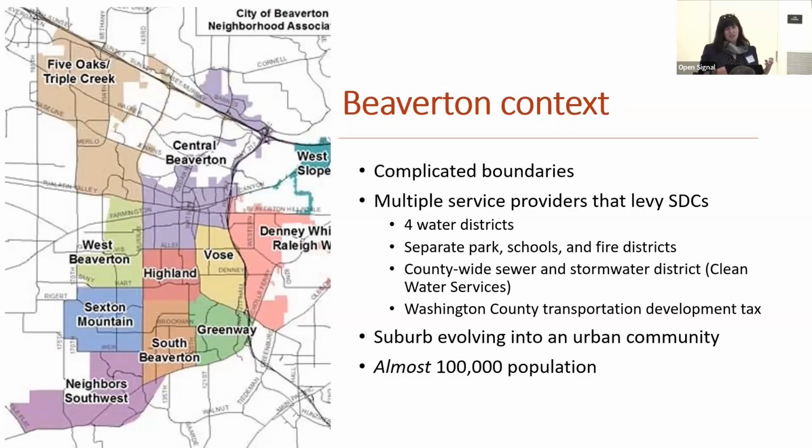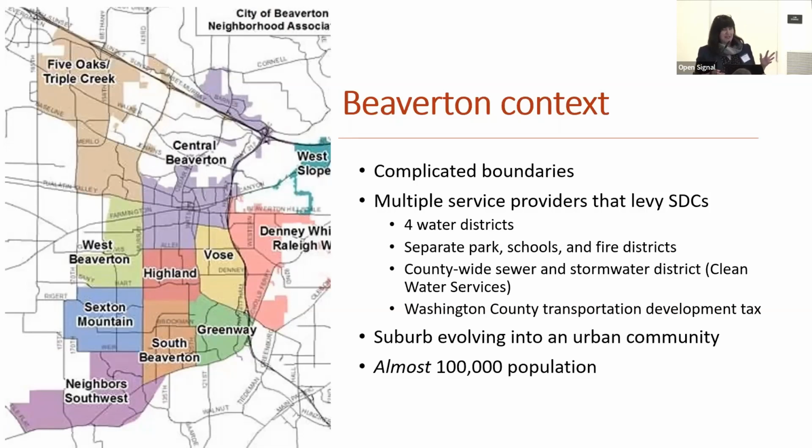So the county actually provides governance to a lot of areas around Beaverton that are not rural. We also have multiple service providers that levy SDCs. There are actually four water districts that serve Beaverton properties. One of them is controlled by the city, but not all of them.